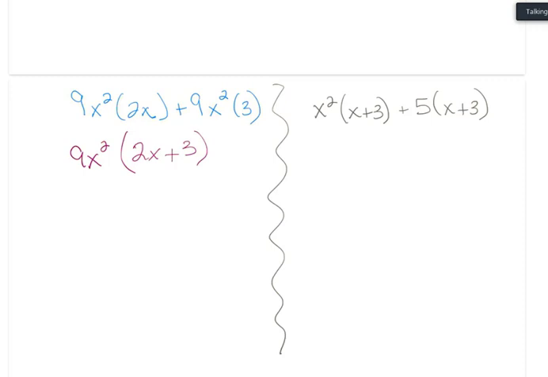X plus 3, I think that's what I heard. Yeah. So x plus 3 is my common factor. So now I just got to figure out what I'm left with, right? What do you think? X squared plus 5?